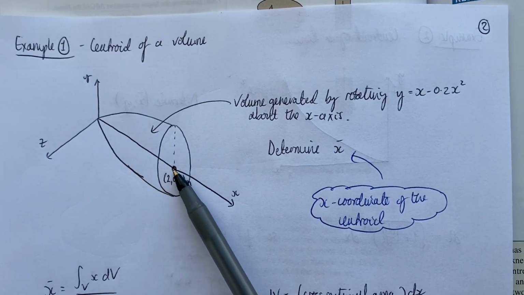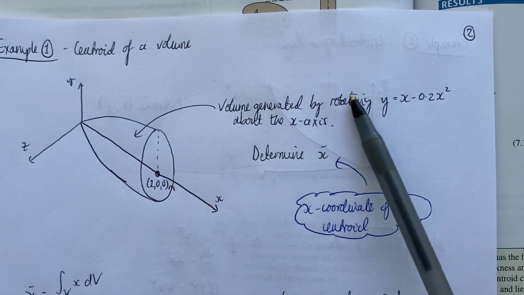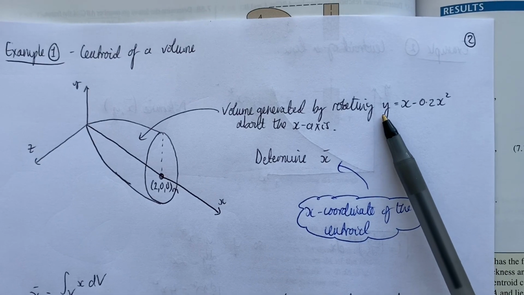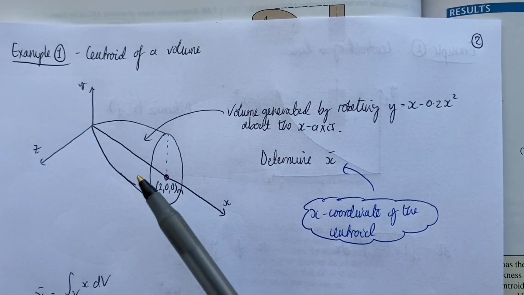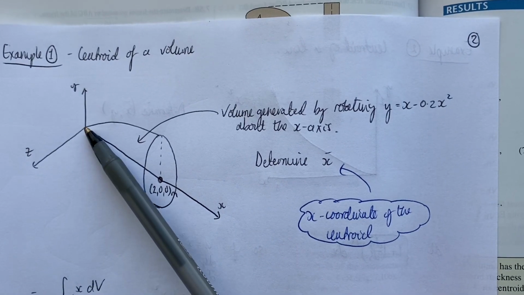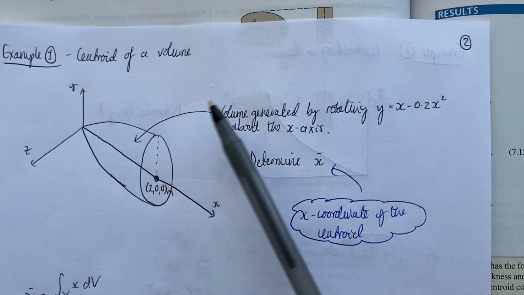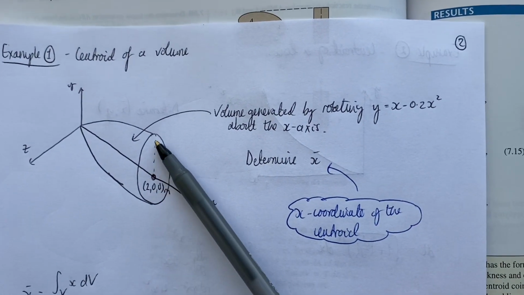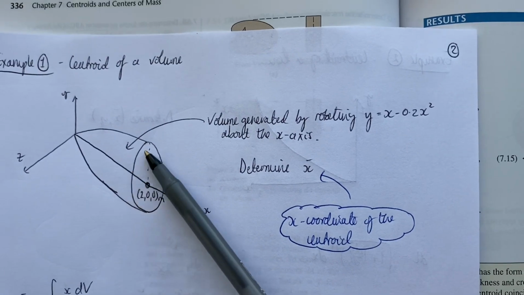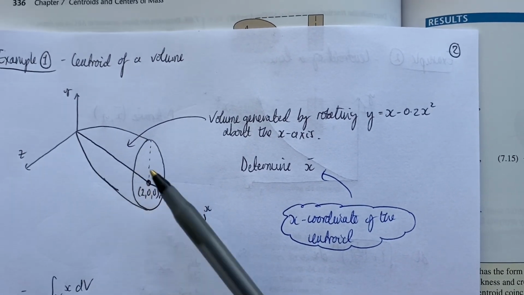This volume is made when we rotate this line, y equals x minus 0.2x squared, around the x-axis. So if you imagine, this top line here is given by this expression, and if we rotate that line around the x-axis 360 degrees, it generates this volume in this kind of cone shape.